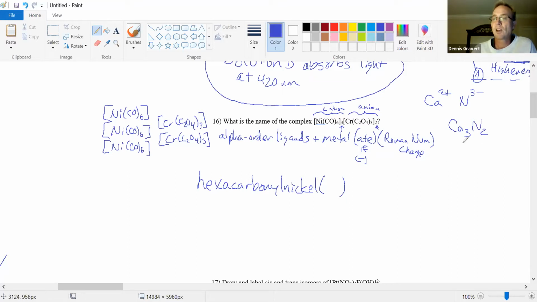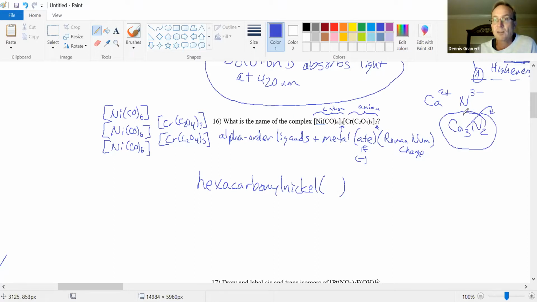Yeah, this is a neutral compound. It's got a total of 3 times 2 plus, which is 6 plus, from all the calciums. And then you have 2 times -3, which is -6, two nitrogens that are both -3. So this makes a neutral compound. Well, that's what we got here. There's a 3 and a 2 as subscripts. So crisscross them.